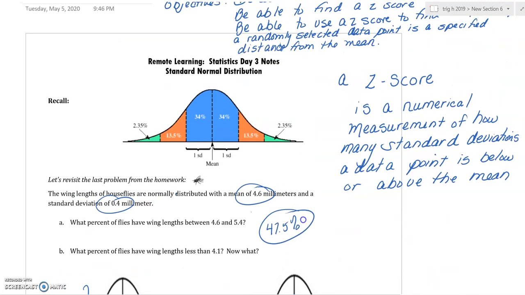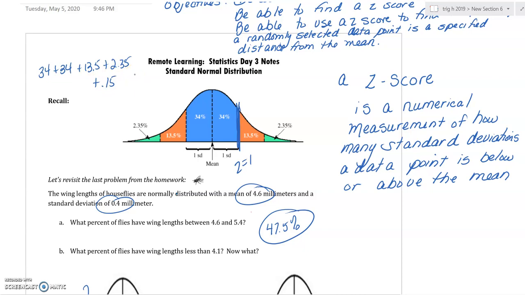Now going back to our 68, 95, 99.7 rule, there you go, if z is 1. If you add up the percentages in these regions, you would end up with 34 plus 34 plus 13.5 plus 2.35 plus 0.15%.